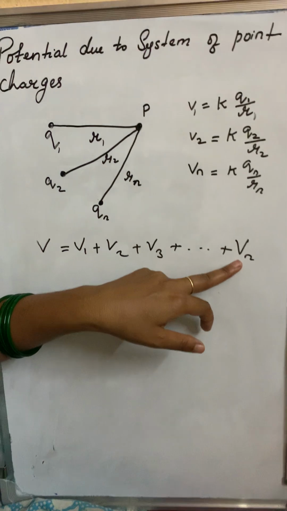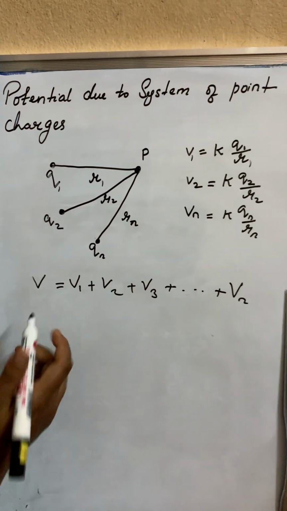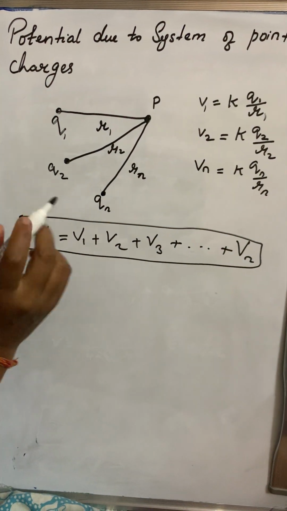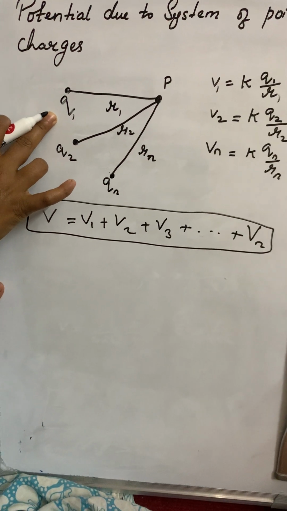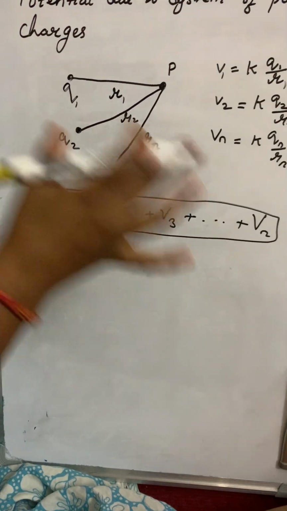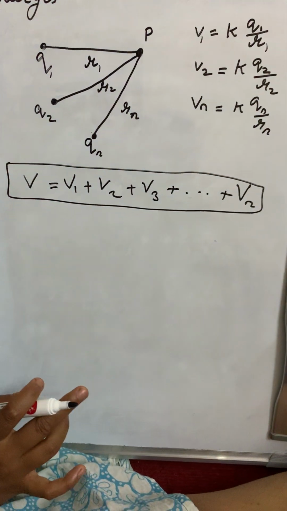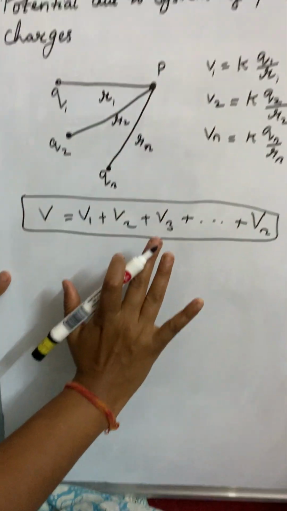Direct addition, no vector overhead, right? Then this one, if you remember it, then whenever a question comes where there is more than one charge involved and you have to find out the potential at some point, this consideration you have to make. Now based on this, I think this is clear.